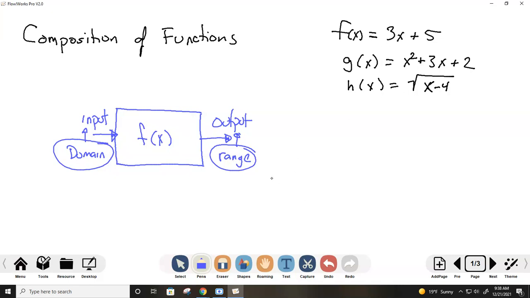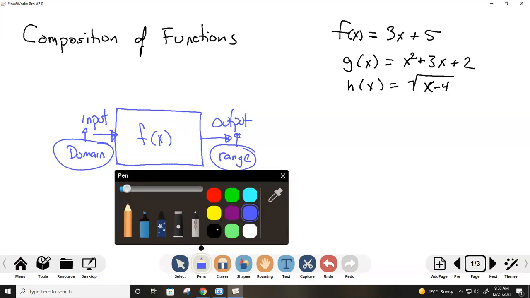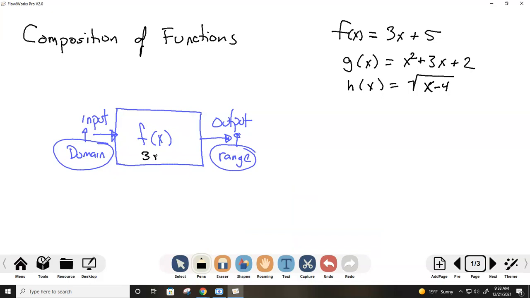In this case, my f of x is 3x plus 5. That's what this box is going to do. But really, what happens is I plug in a number, I plug in an x, and I get out an answer, an f of x.